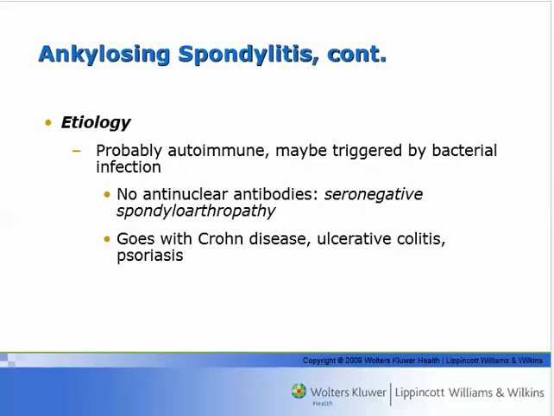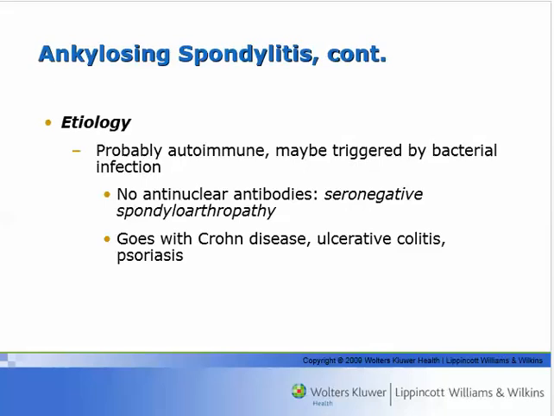Now, one of my close friends has been recently diagnosed with this. His father had it, so he knew all about it, and he started to suspect, because he was showing a lot of the signs and symptoms that he saw his father go through. It causes spinal fusion, so a loss of flexibility.